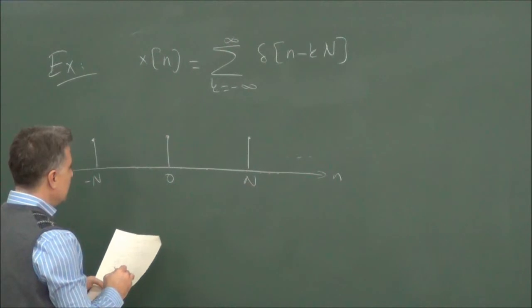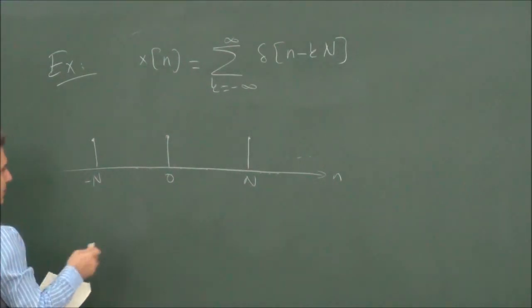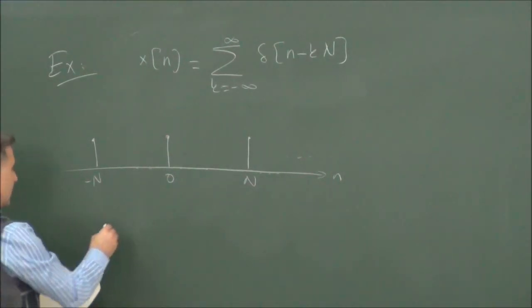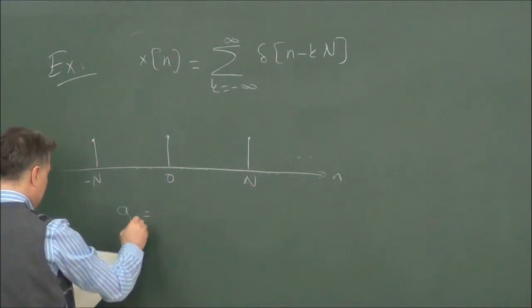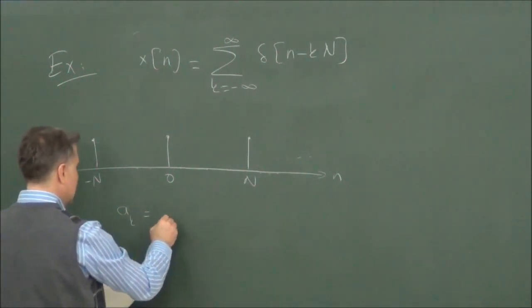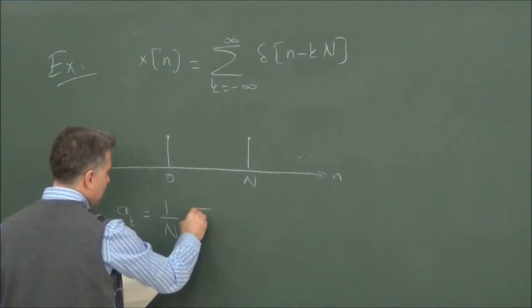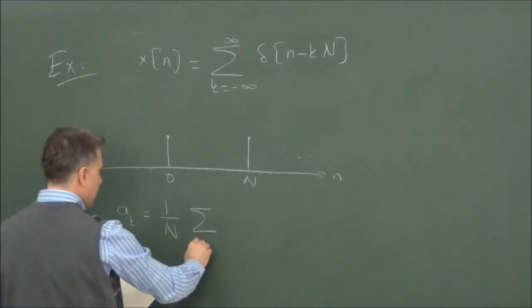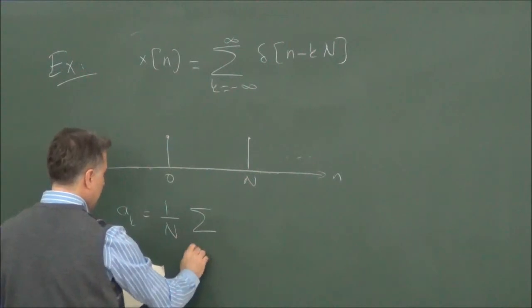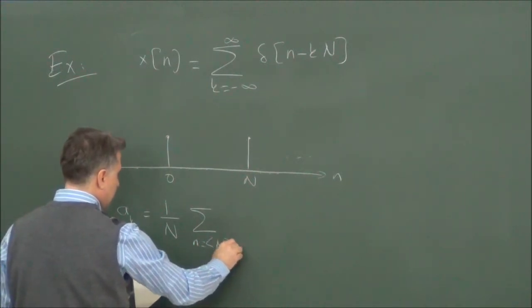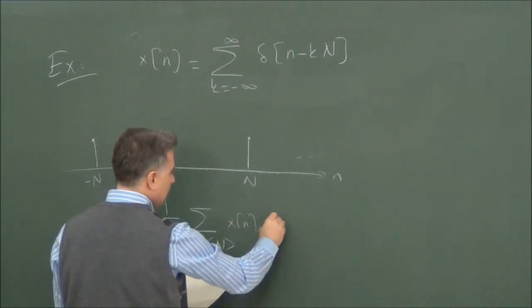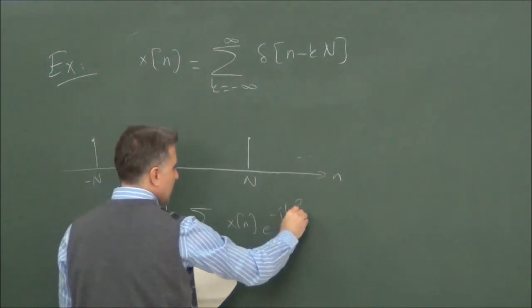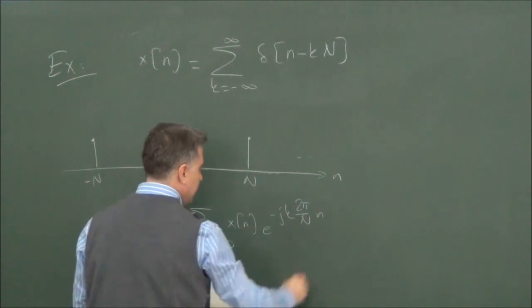Now, what is the Fourier transform expression corresponding to that? For that, of course, since it is periodic, you have to find the Fourier series coefficients, and the Fourier series coefficients from the formula you may remember: the sum within a period of x[n] e to the minus jk 2 pi over capital N n.